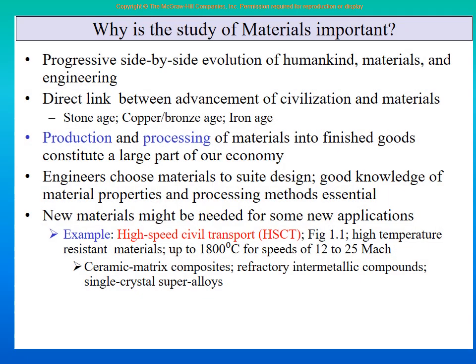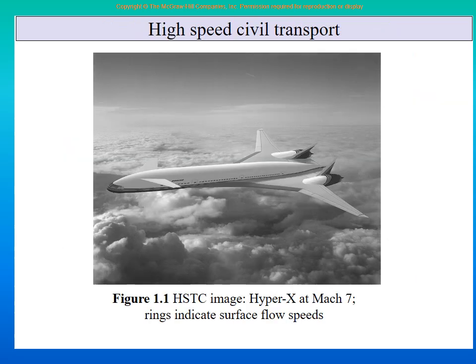Then we addressed why the study of materials is so important. Again, I gave you the example of a very modern thing which is under design and development, a passenger aircraft traveling at 7 times the speed of sound, and what material science will be required.